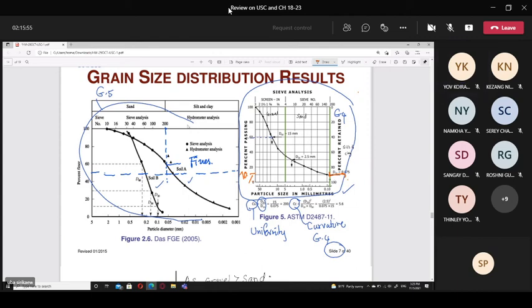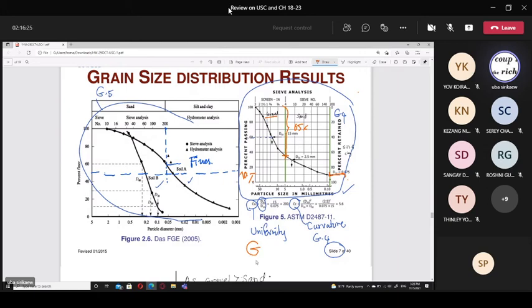Okay. This is gravel, right? How many percent of gravel? It's 100 minus 35%, so 65. So what is the first letter? G, right?